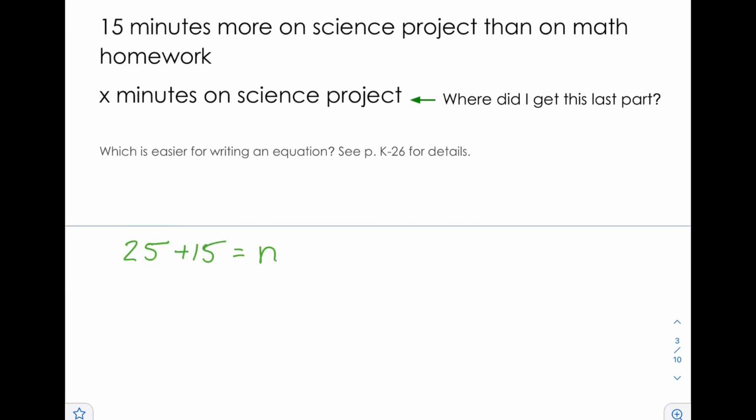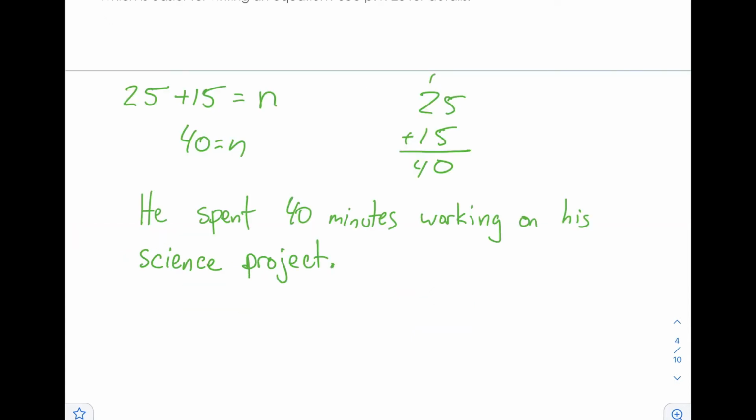So now we're going to solve for N. If I need to, I can do a quick little addition on the side. So 40 is equal to N. So because it is a word problem and they asked us in a sentence, we need to respond in a sentence. He spent 40 minutes working on his science project.